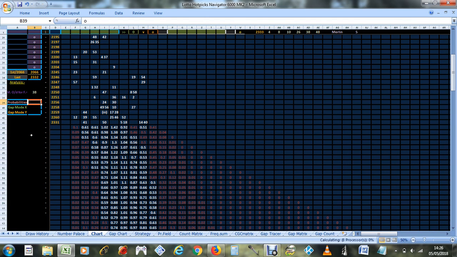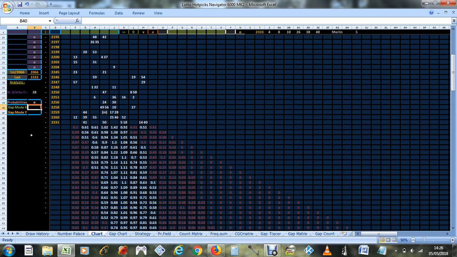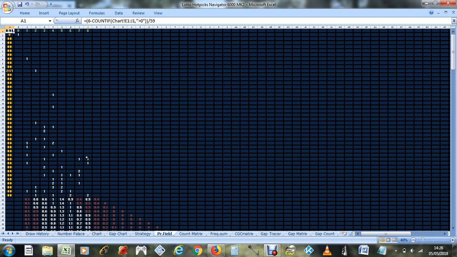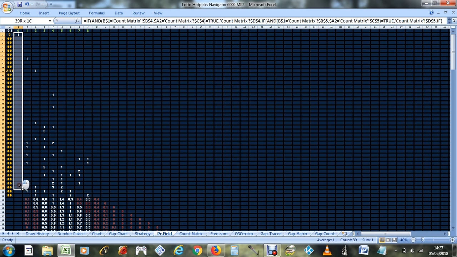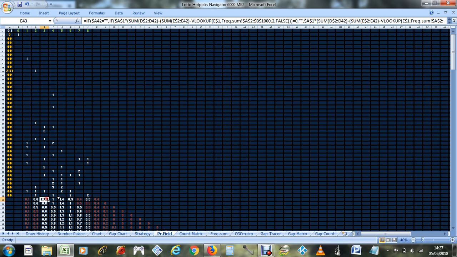Now I can turn that on or off, and what that does is it looks at how many numbers are in each square and how many numbers we're looking at, and it works out what the probability is of a number dropping from each column to land in each square at the bottom.